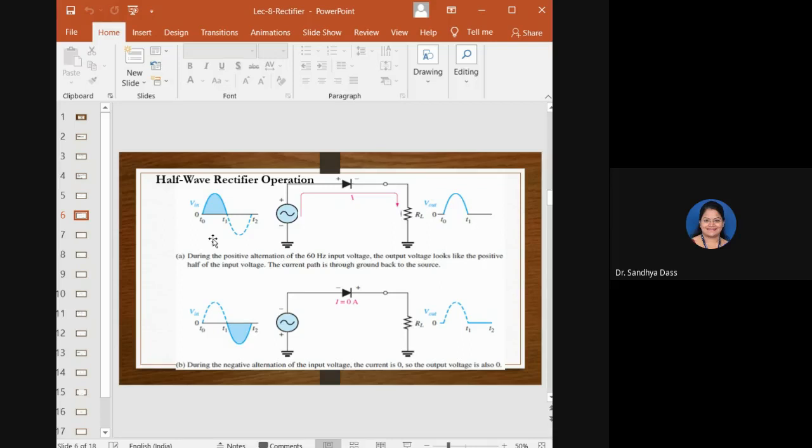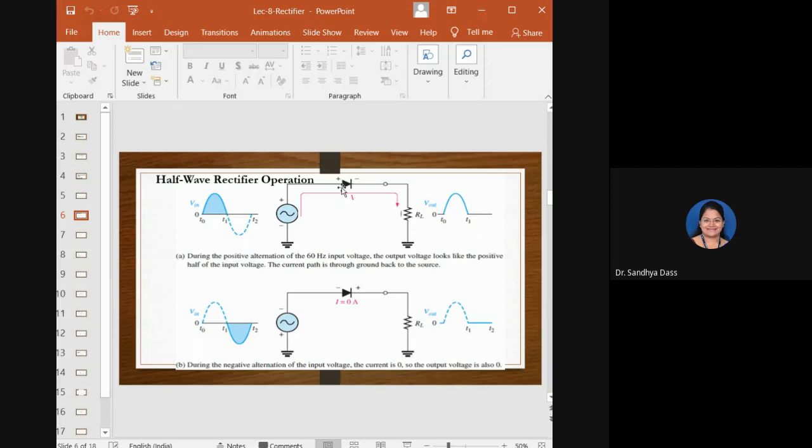Whenever the input of the AC signal is positive, the diode is forward biased and conducting, current flows through the circuit, and due to that current the output V out appears. What you can observe on the right hand side looks similar to the positive half cycle of the input voltage.